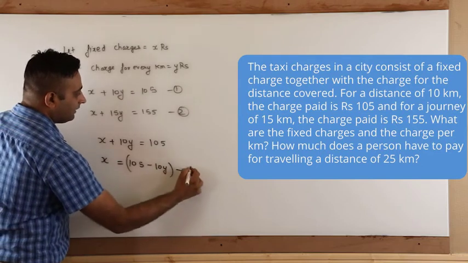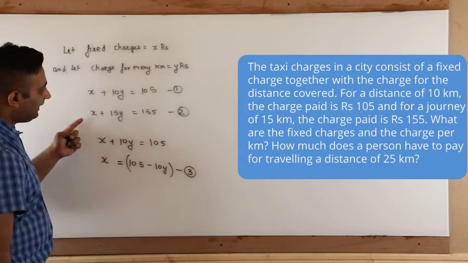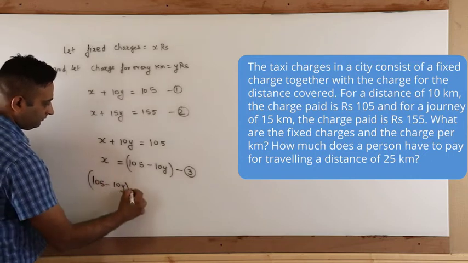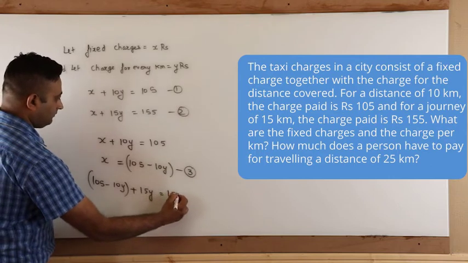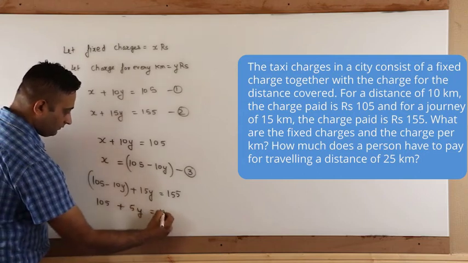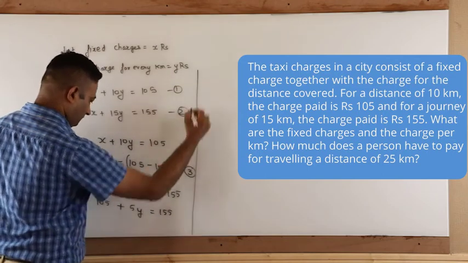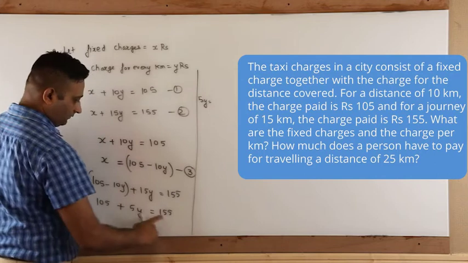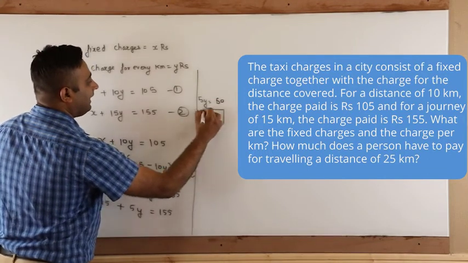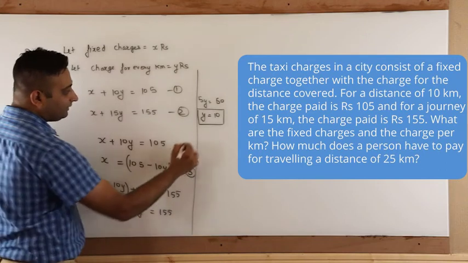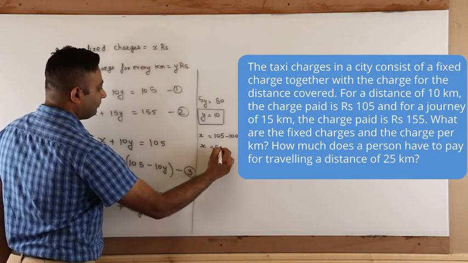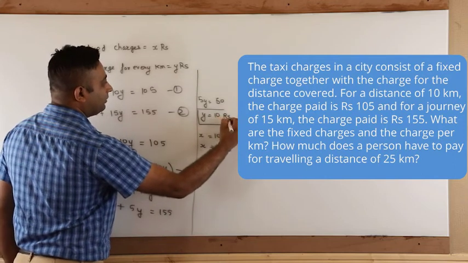and substitute the value of x found in equation number 3 in equation number 2. y is equal to 10, and after substituting the value of y in equation number 3, we will get the value of x, that is x is equal to 5 rupees and y is equal to 10 rupees.